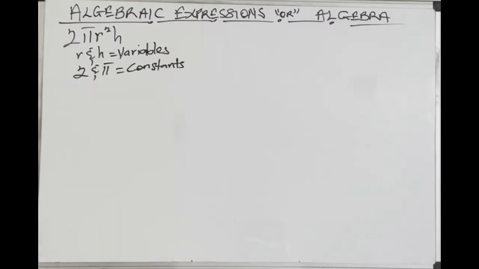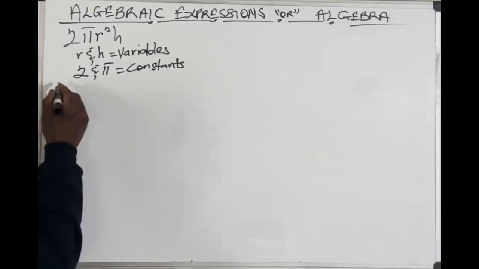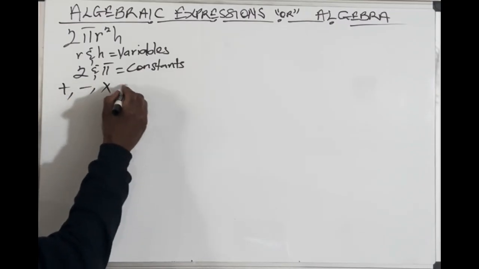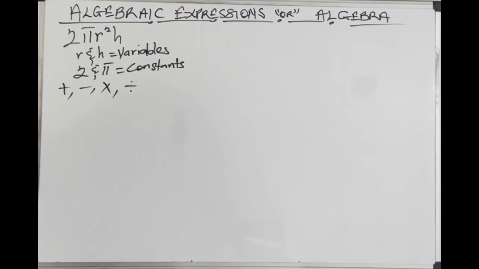Okay, so an algebraic expression is a collection of letters and symbols combined with at least one of these operations, either plus or minus or times or division. So the terms in an expression are separated by plus or minus signs.